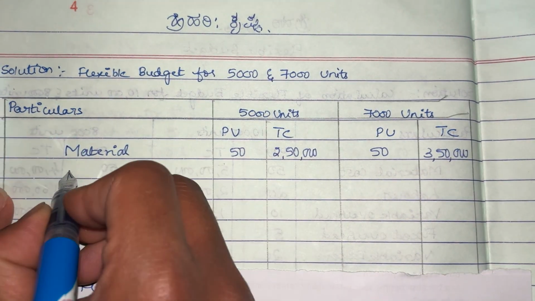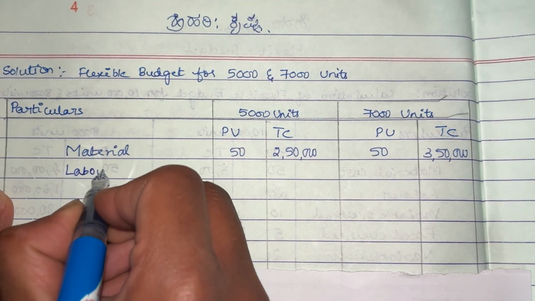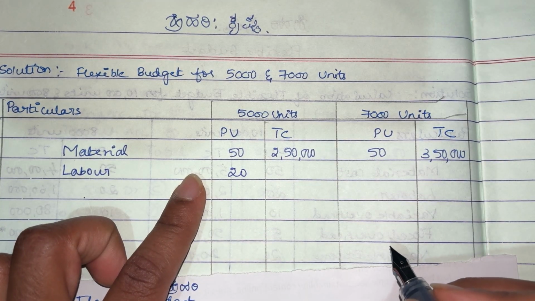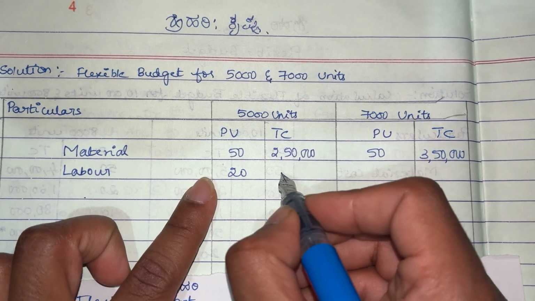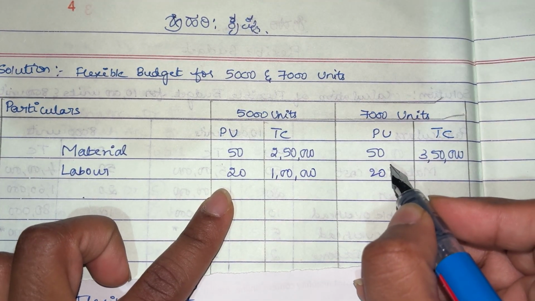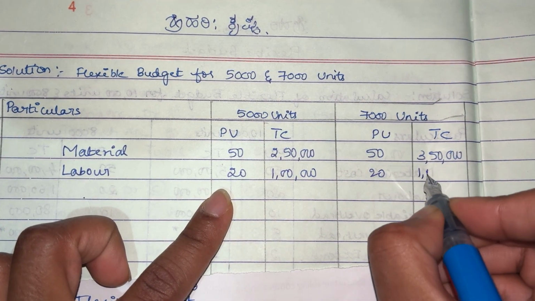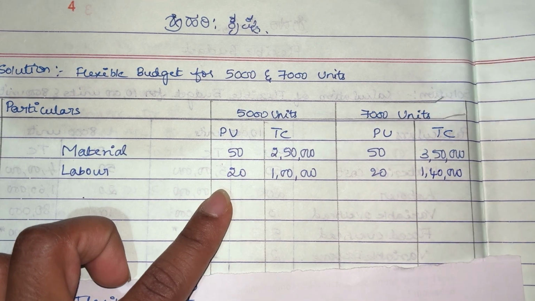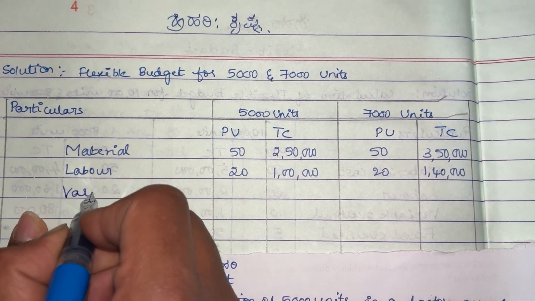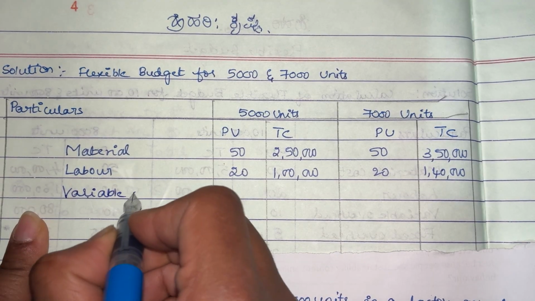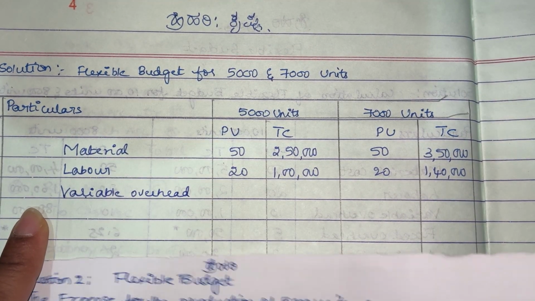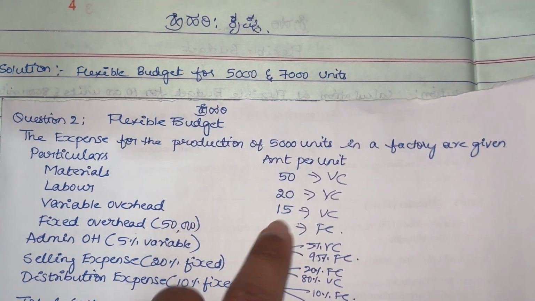Then in the case of labor also, 20 rupees is a variable cost. So I will write down the heading as labor and I will write 20 rupees. 20 into 5,000 units will be 1 lakh. 20 into 7,000 units will be 1,40,000. Next, we have variable overhead. This should not be a confusion at all, because the word itself says it is variable overhead. Variable overhead is around 15 rupees.